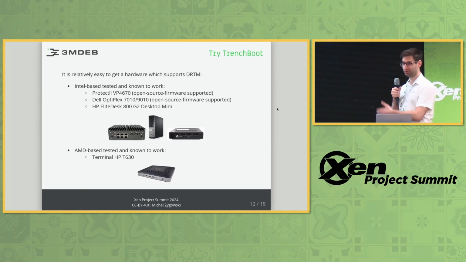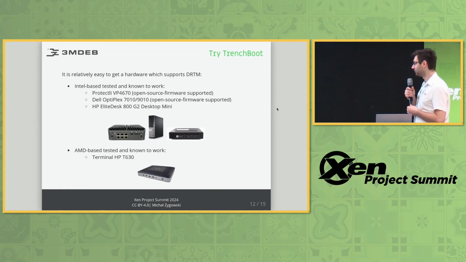It is a good unit to test the older implementations which supported only TPM 1.2. It also worked on an HP EliteDesk 800 G2, a very affordable enterprise mini desktop. And for AMD-based, we also used an HP enterprise mini desktop, the HP t630.